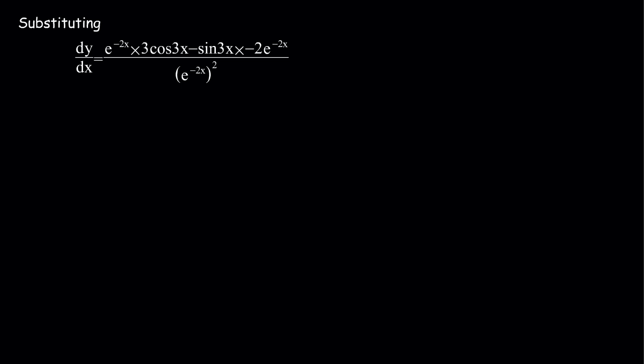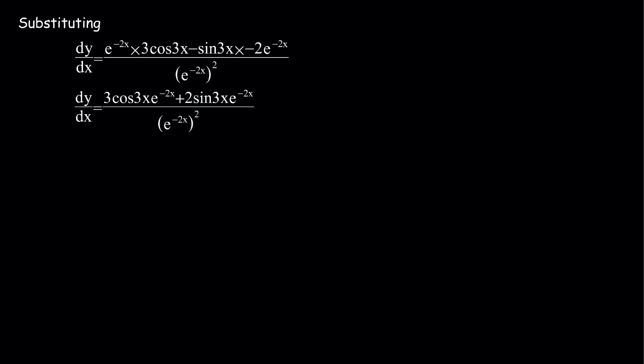Multiplying our numerator and simplifying further, it becomes dy over ds is equal to 3 cos 3s e raised to the power minus 2s plus 2 sine 3s e raised to the power minus 2s, divided by e raised to the power minus 2s in bracket squared.